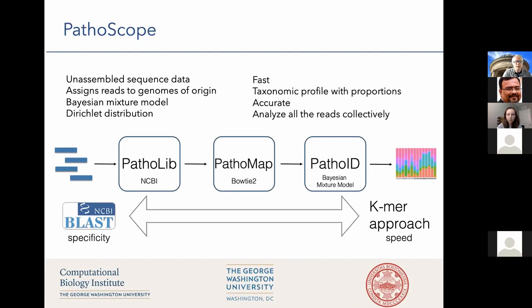So our Bayesian mixture model allows us to reassign those ambiguously mapped reads to partner with uniquely mapped reads and give us better differentiation. As a result, with shotgun metagenomics, we can actually get down to strain level differentiation, which is really nice for a lot of applications that we're particularly interested in.